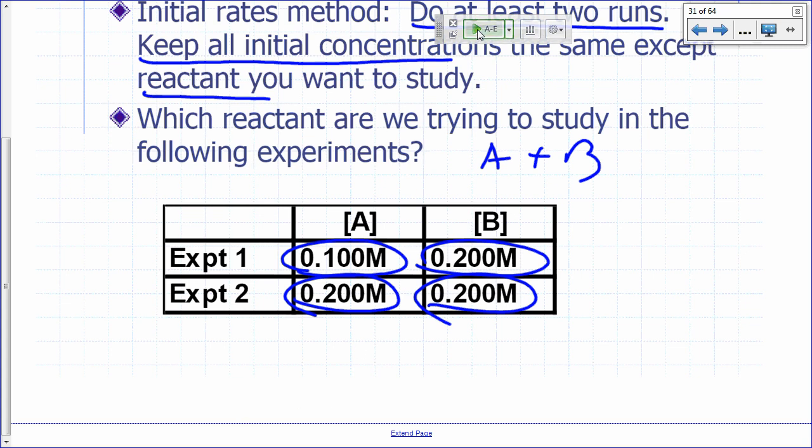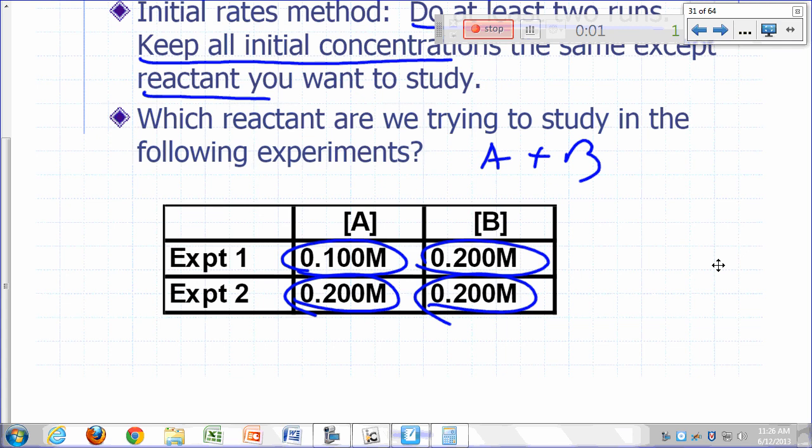Is it A or B? Am I trying to study the effect of A on the reaction rate, or the effect of B on the reaction rate? These are the initial concentrations for the experiments: 0.1 and 0.2 for A, 0.2 and 0.2 for B in both experiments.